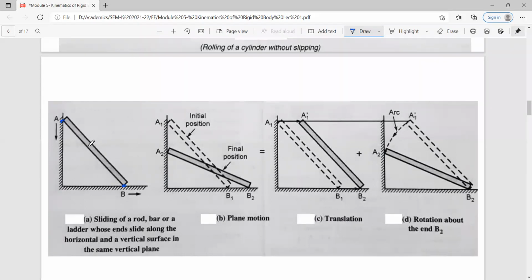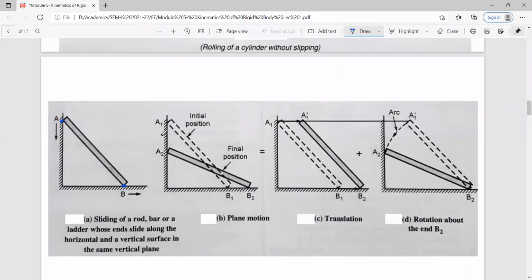Now what happens is that this ladder slips. Because of that, its point A occupies a new point A2 and point B occupies a new point B2.